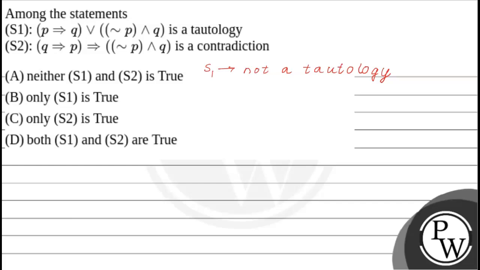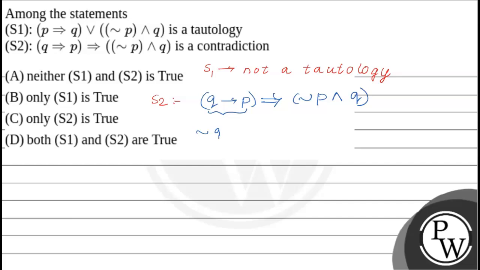अब हम statement 2 को simplify करेंगे. So we have statement 2 which says Q implies P implies negation P and Q. Now we have to check if this statement is a contradiction. तो पहले हम इसको simplify कर लेंगे using first property.